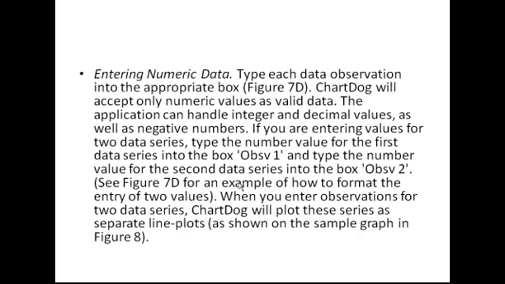If you're entering values for two data series, type the number value in the first data box, and then you can type the number value for the second data box into observation 2. And remember, observation for our purposes only is talking about how many decimals did they compute correctly, how many words did they write or read correctly, whatever topic it is that you've decided to use for your CBM.